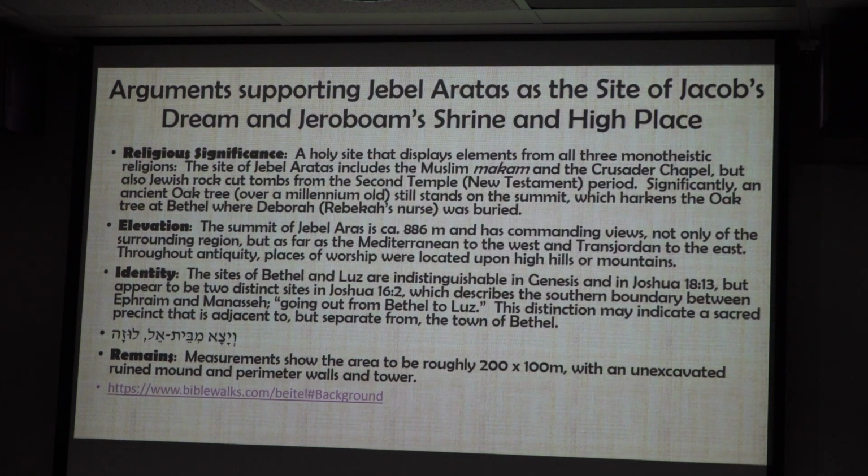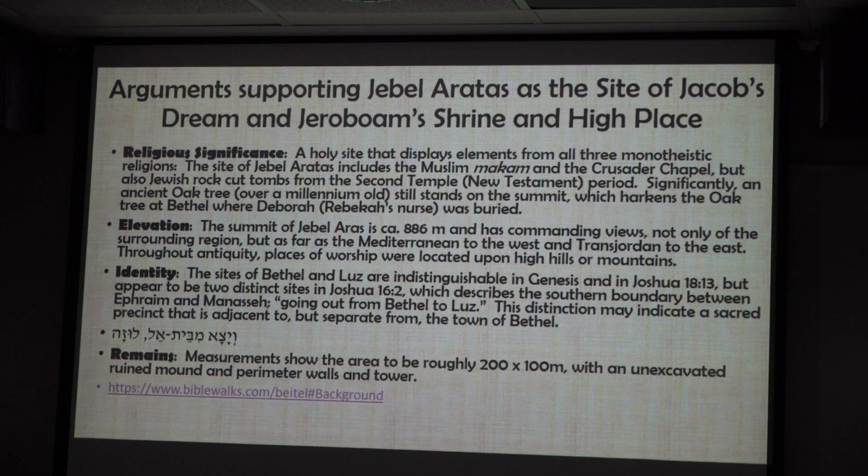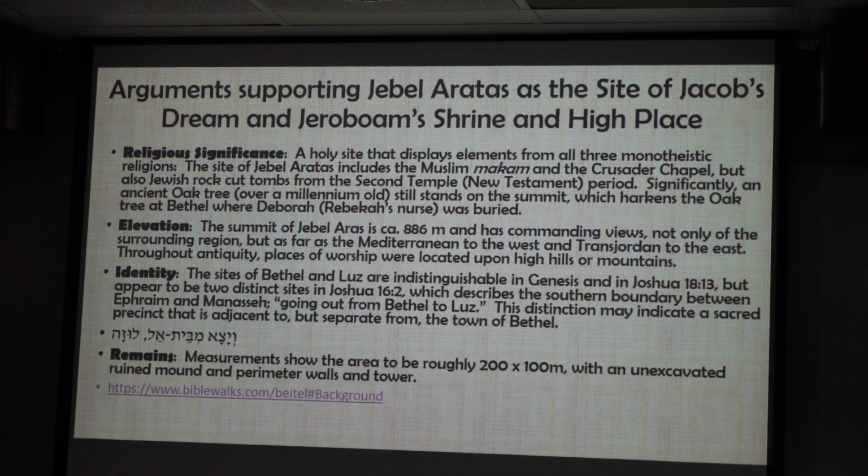Regarding religious significance, we list some information there that seems to indicate Jebel Aratus was a religious site. We've got a Crusader castle, a Muslim shrine, Jewish rock-cut tombs from the New Testament period, and an oak tree, which again has religious significance. So it seems to point to something of religious significance having happened there in antiquity.